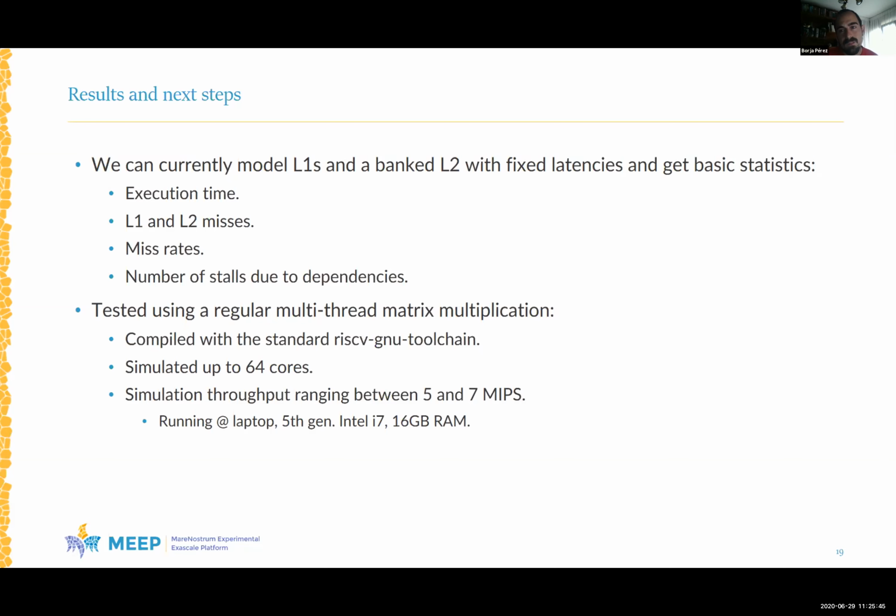We've simulated up to 64 cores, which was our target, and we are getting between 5 and 7 MIPS of simulation throughput, which is enough to get significant results and significant information from the simulator. And again, this is running on my laptop, which is a 5th gen Intel i7 and 16 gigs of RAM. So when we can take that to a supercomputer, to MareNostrum, for example, we will get a boost.